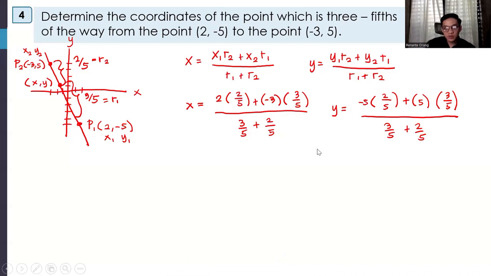So, therefore, class, yung ating point na hinahanap, which is si x and y, is equivalent to -1 and +1. That is our final answer. So, therefore, dito, eto siya. Parang sakto yung drawing natin, -1 and +1. That is the point that we are finding.